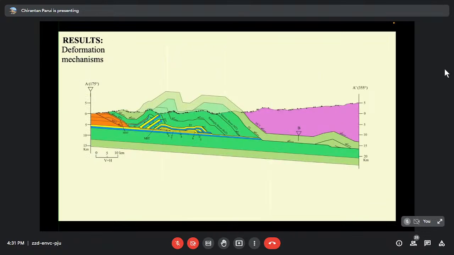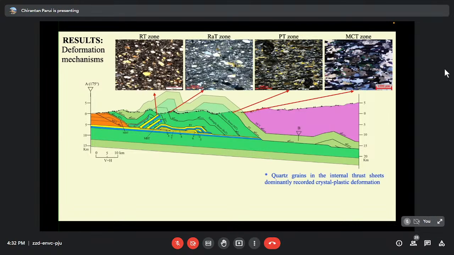So along with the penetrative strain, I have also studied the deformation microstructures of all the thrust sheets. So here I'm just briefly going to summarize some of the salient features that I have observed.